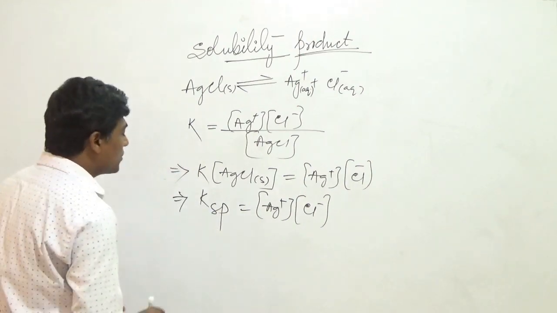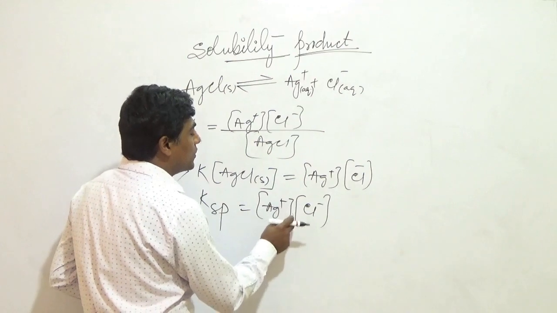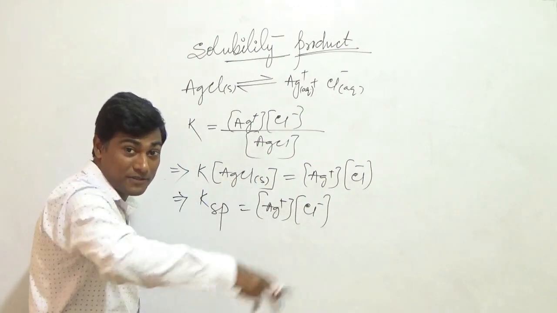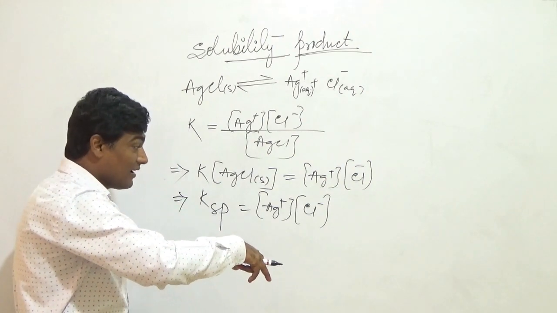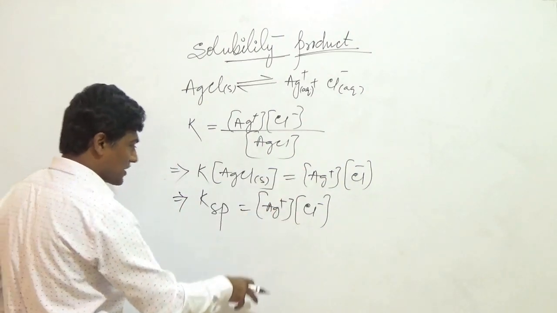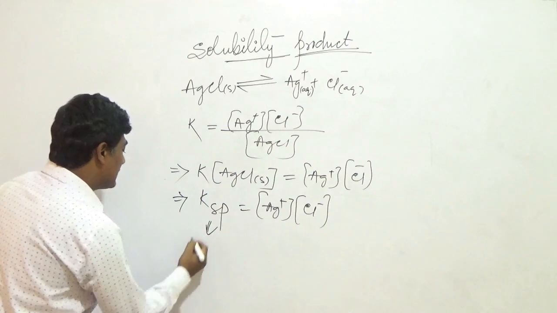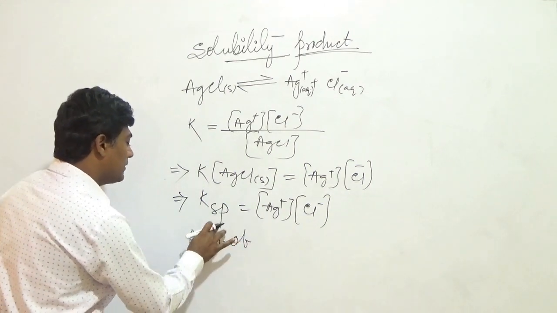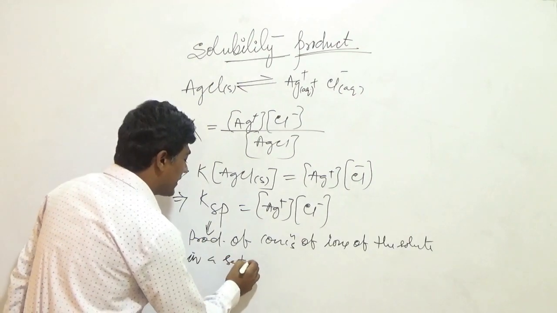Are you getting it? So Ksp, the solubility product, is the product of the ions of the solute in a saturated solution.